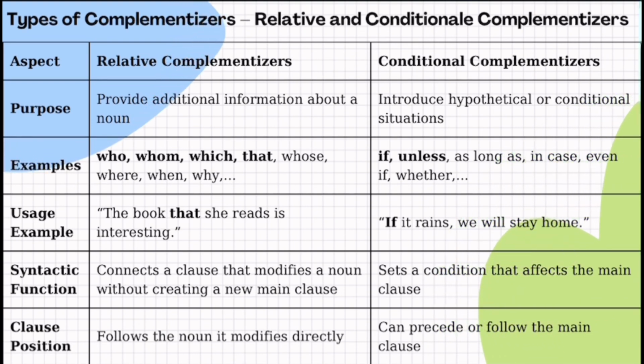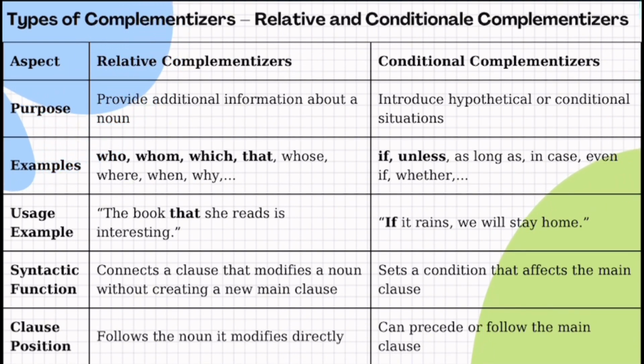First, relative complementizers are key in forming relative clauses that provide extra detail about nouns. These words such as who, whom, which, that, whose, where, when, and why follow the noun. They modify it and connect it to a clause that clarifies or specifies its meaning. For example, in the book that series is interesting, the complementizer that links the clause to the noun book, adding descriptive detail.